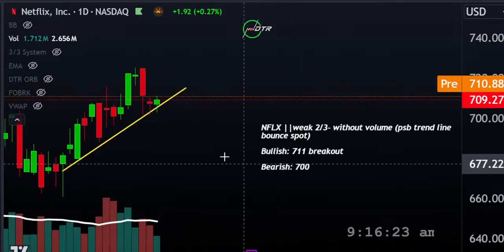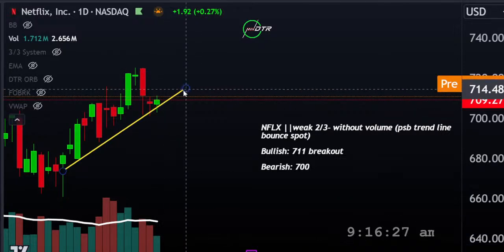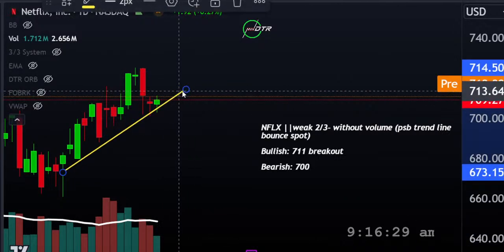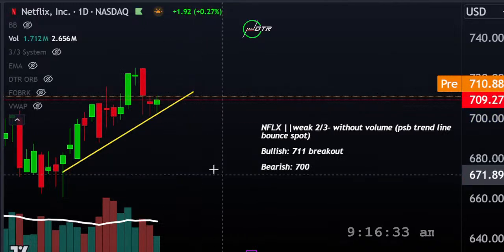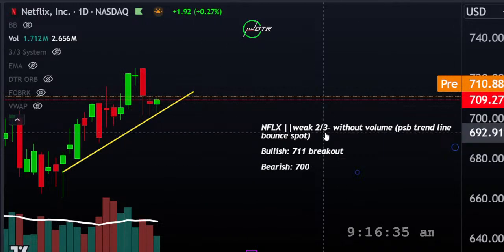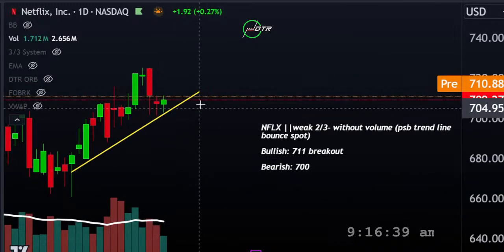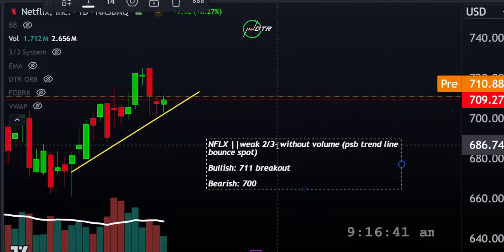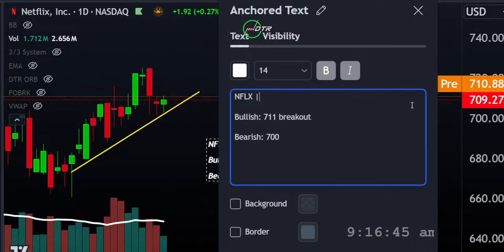Okay. Netflix, higher high, higher low, decreasing volume, continuing to find maybe a little bit of support off of this trend line without it being tremendous. So we'll still call this a 2 out of 3 here to the upside.